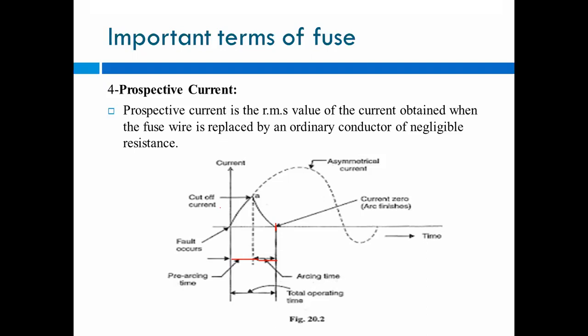So this is the figure which is showing the different terms. Here you can see one wave. At this point 0, it is showing that the fault in the circuit has occurred, right? This is the characteristic of current versus time.